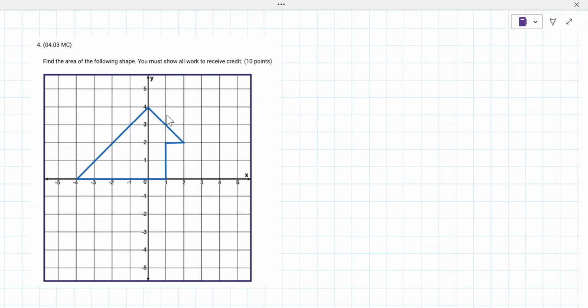So, a lot of ways to do this. It depends on how you want to cut this thing up. One of the ways that I see is this, where there are 1, 2, and 3 regions. And I think you do need to show all three regions.